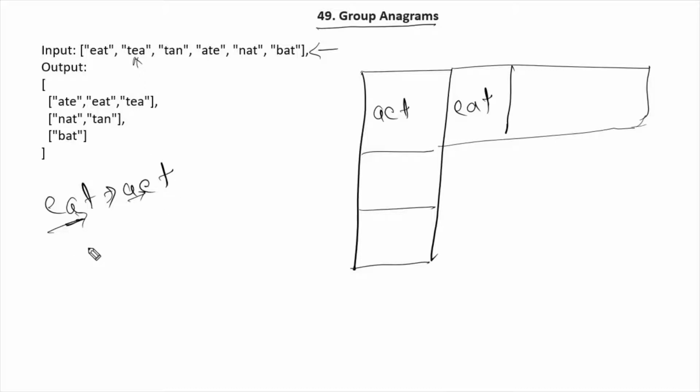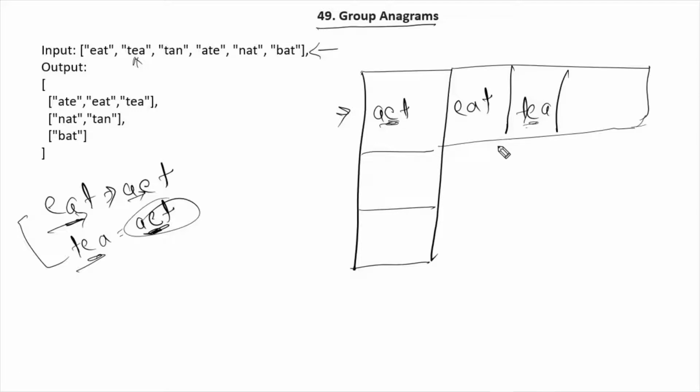Next we have TEA, and the sorted version of this string will be AET, which is already present in the map.